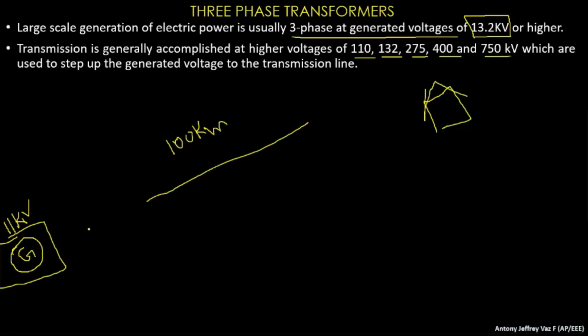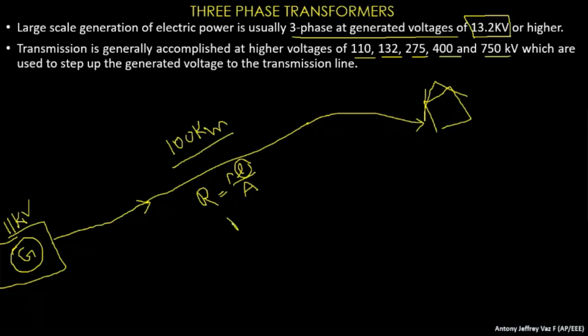Okay, now if you supply this 11 kV directly into the 100 kilometer line and connect it to your house, what happens here is, you can see the resistance R in the transmission line is equal to rho L by A. Since the length of the line is 100 kilometers, the resistance of the transmission line is about 10,000 ohms.